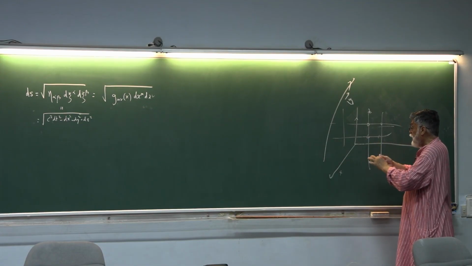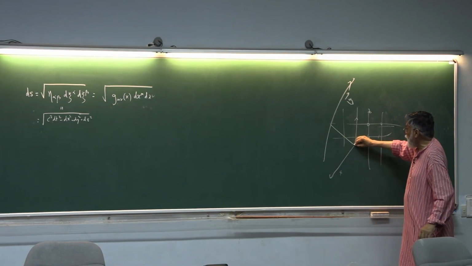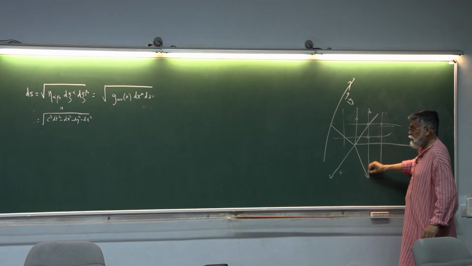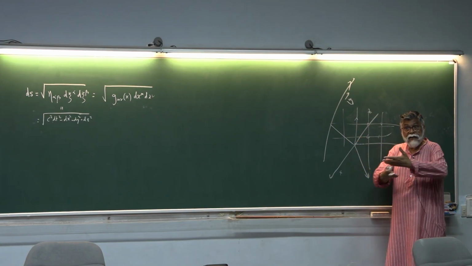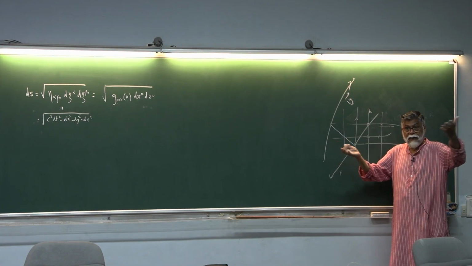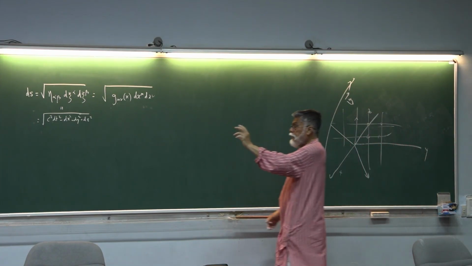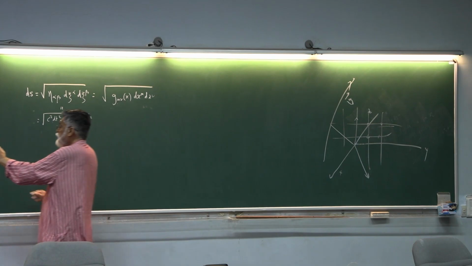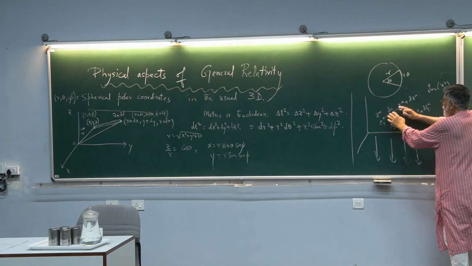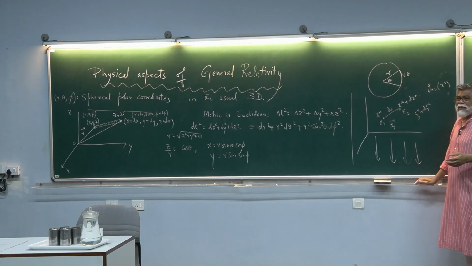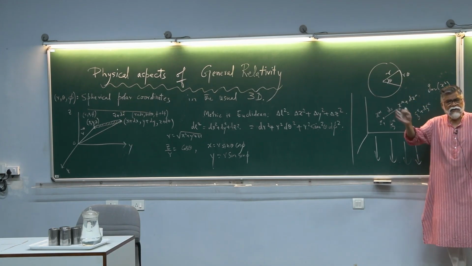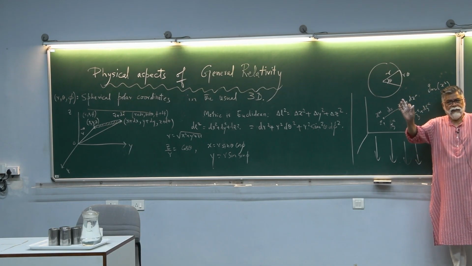Even if I am not moving, another friend of mine who is rotated with respect to me, that's also a valid inertial frame of reference. So there are infinity of them. Even in a given local region, between these two events, I'll have an infinite number of inertial frames. By the way, each inertial frame is freely falling only.